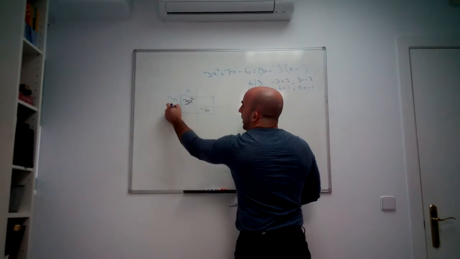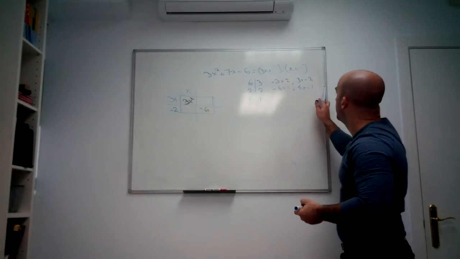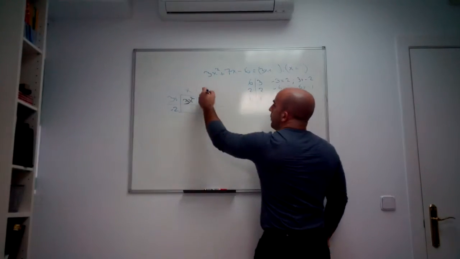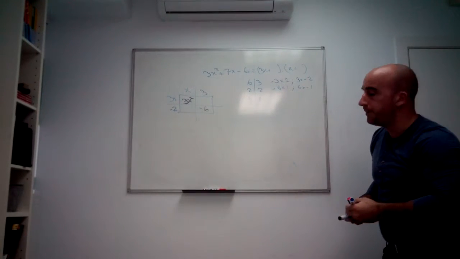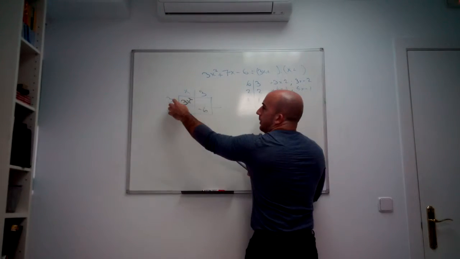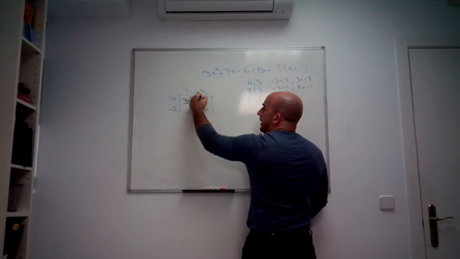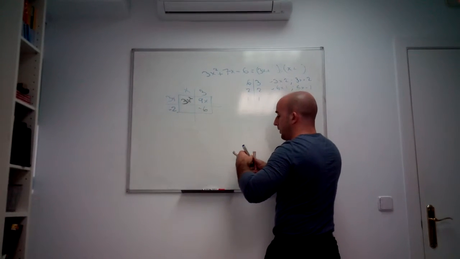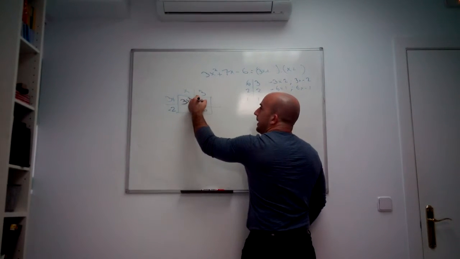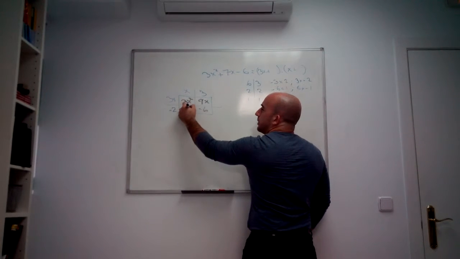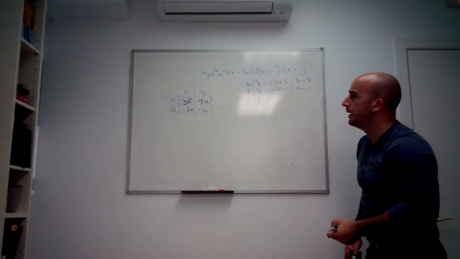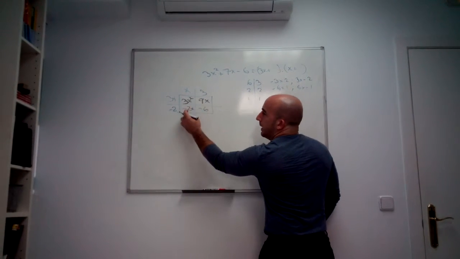If we put a -2 here, and that would give us a 3 here. Okay, if we do 3x times 3, that's 9x. If we do, let's put it in black again, 9x, that's -2x. Okay, and if we do 9x minus 2x is 7x.